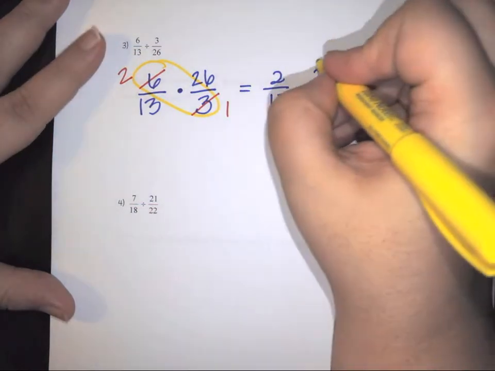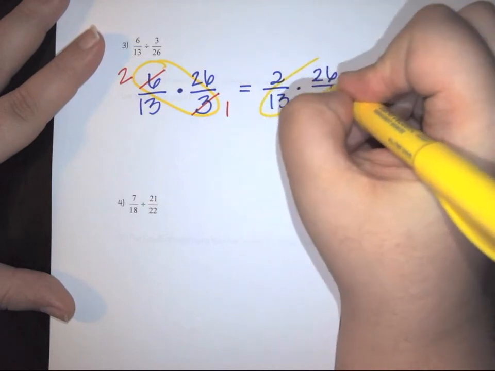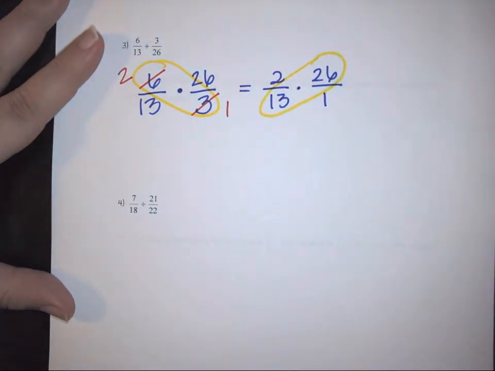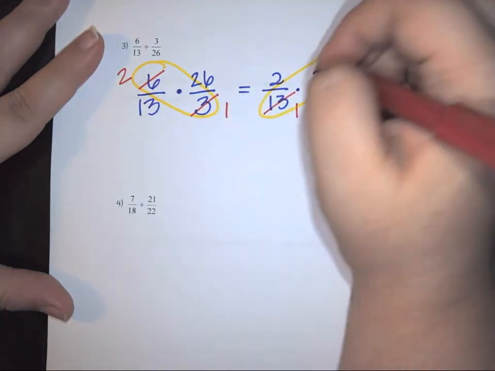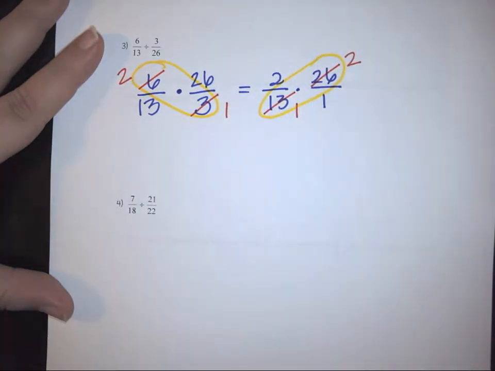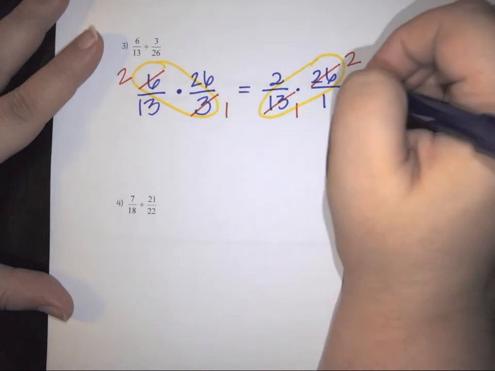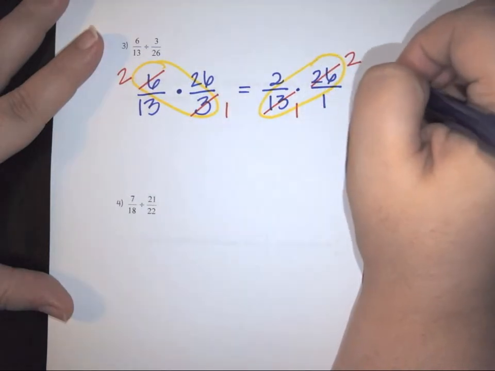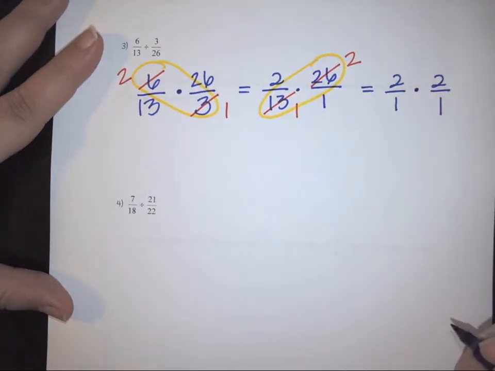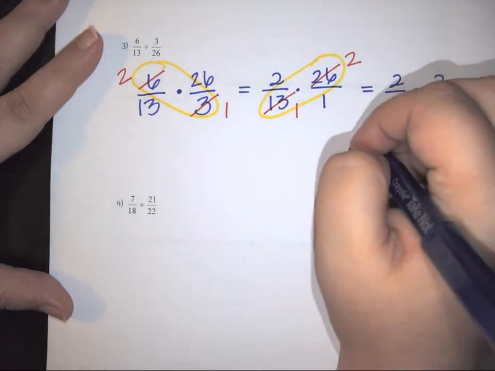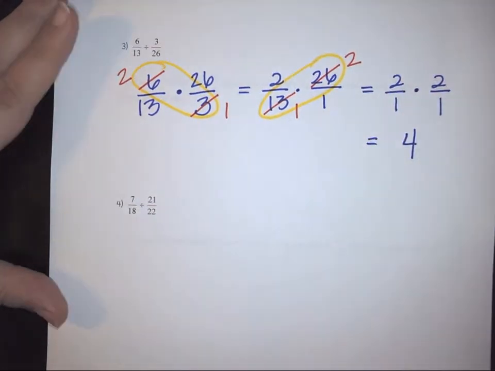And then in this case, I also know that 26 and 13 will reduce. Here my 13 becomes a 1 and my 26 becomes a 2. Thus making my fractions 2 over 1 times 2 over 1. So in other words, 2 times 2 is 4.